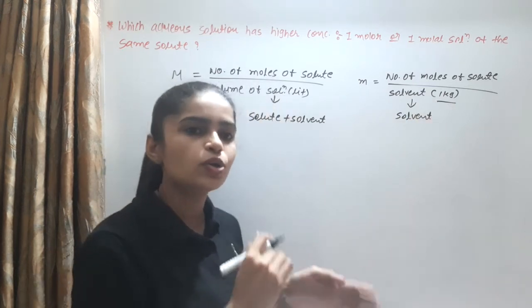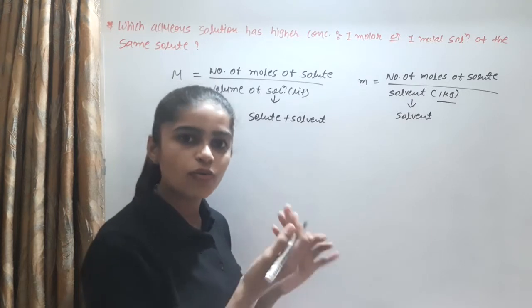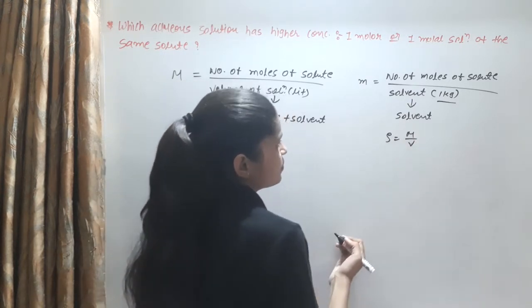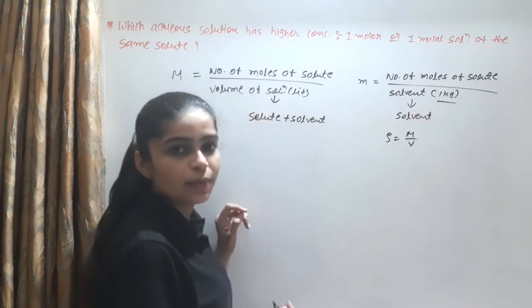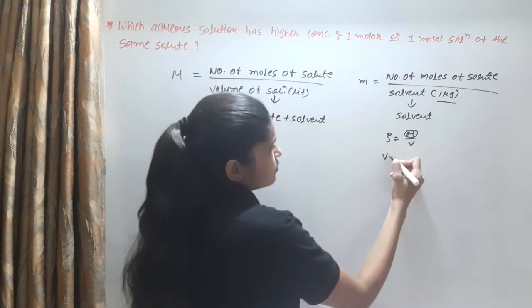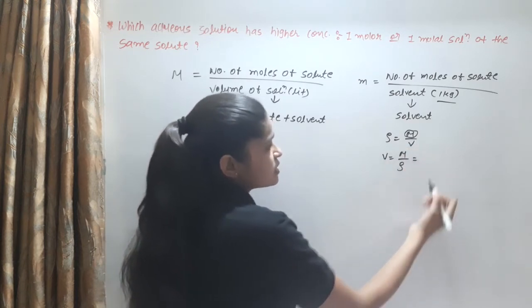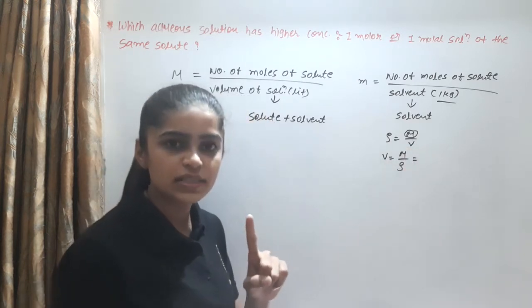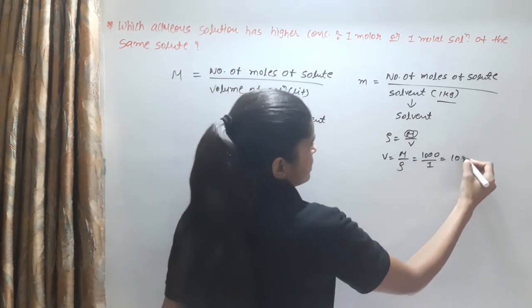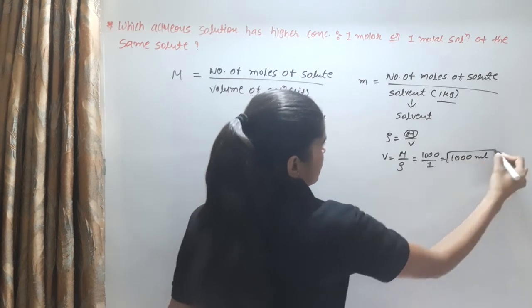How to convert volume into kilogram, or volume into mass? Density rho is equal to m by v. The solvent is 1 kilogram, so converting into volume gives m by rho. We consider the density of water as 1. So 1 kilogram divided by 1 is 1000 ml.